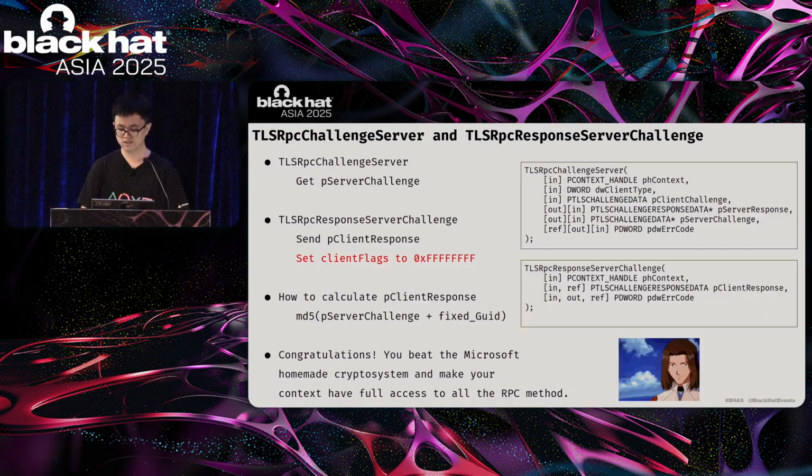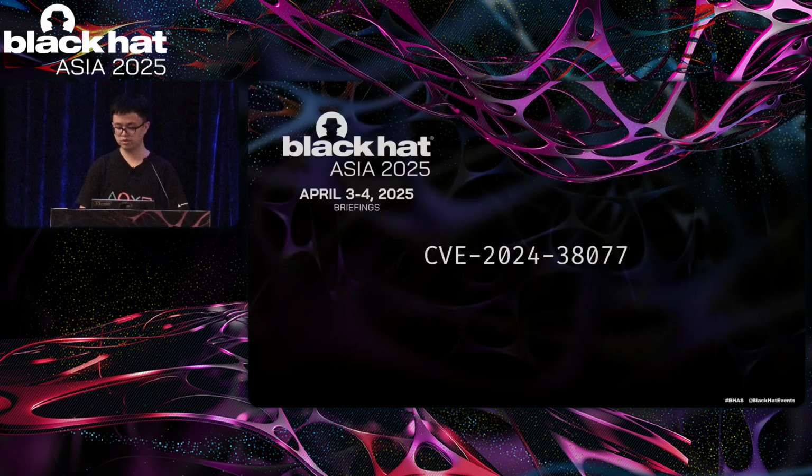However, the server's verification process simply checks if the client's response matches the MD5 hash of the server challenge with a hard-coded GUID, which allows anyone to easily set client flags. Through the above method, our RPC requests can access all RPC methods in RDL. Congratulations.